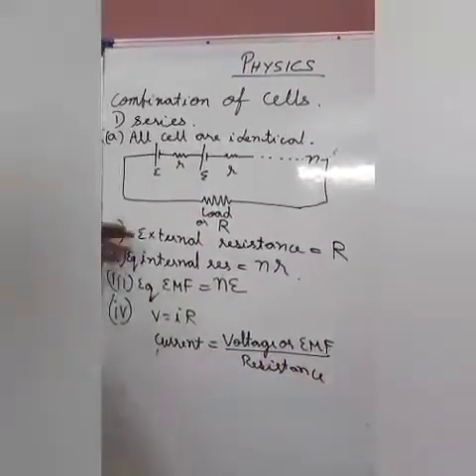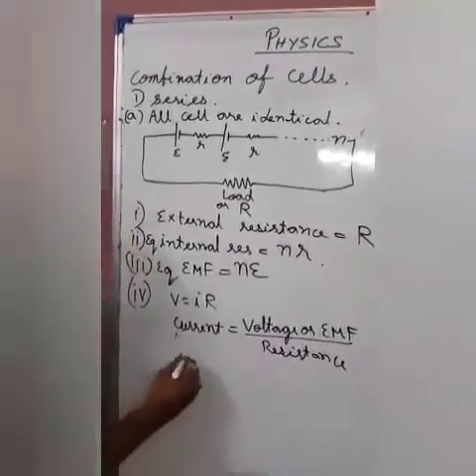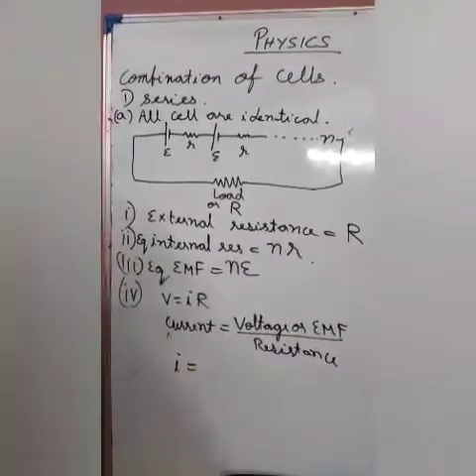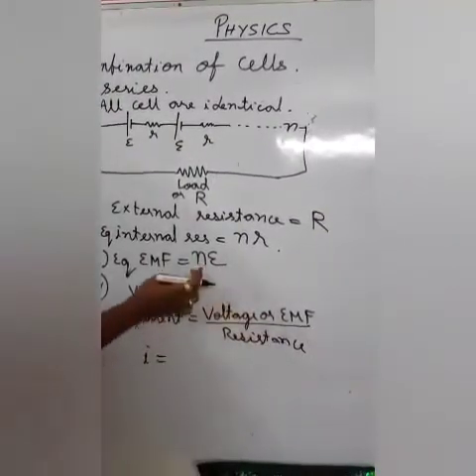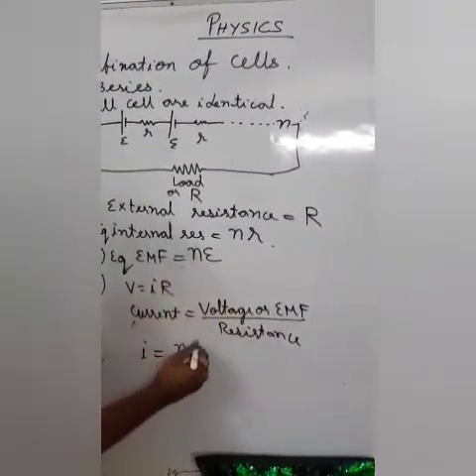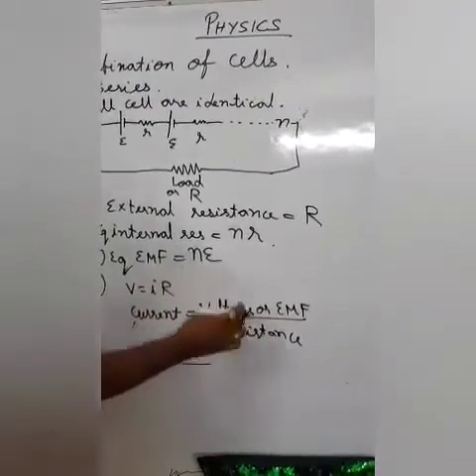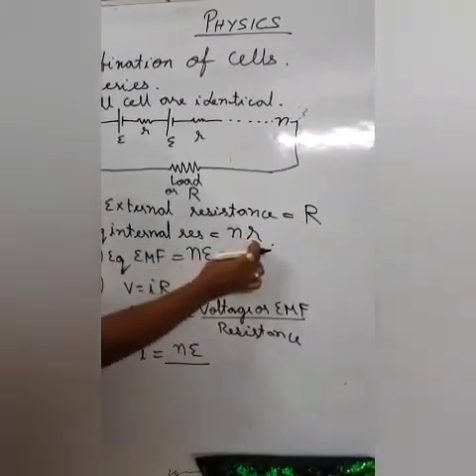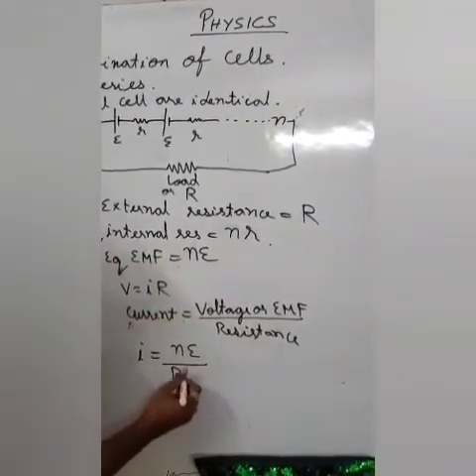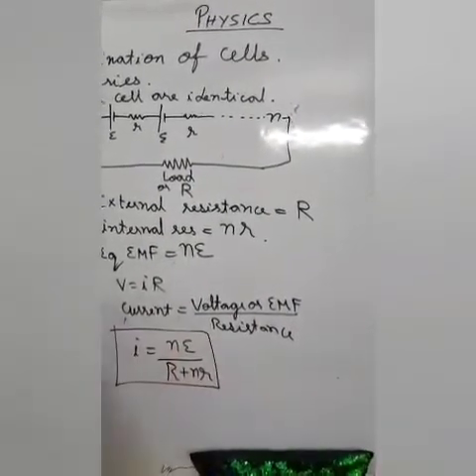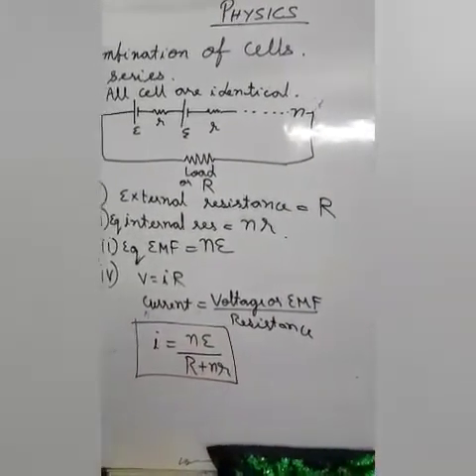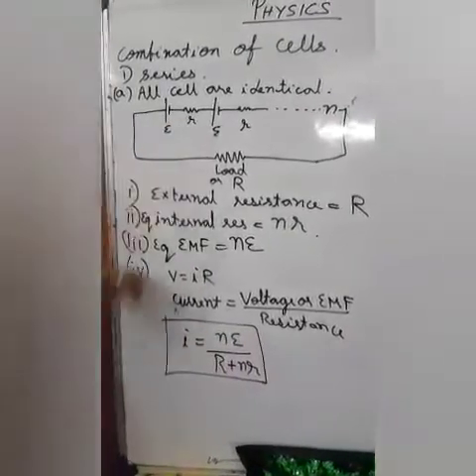Then keeping the above values, we will get I is equal to, now what would be the voltage or EMF? Our EMF is nE. What is the resistance? Our total resistance is external resistance plus internal resistance, that is R plus nr. So this would be the expression for current that we are getting from this combination of cells.